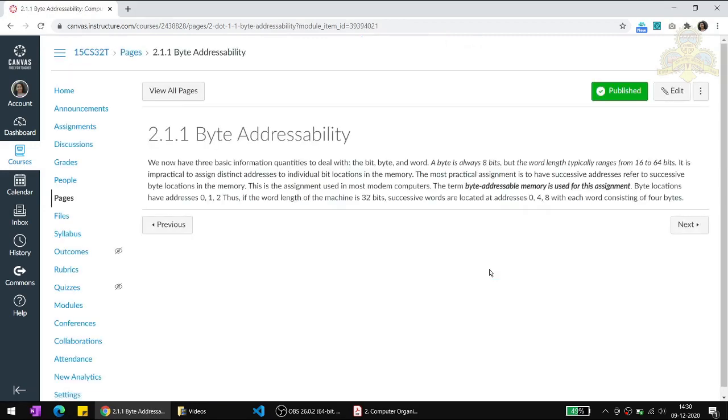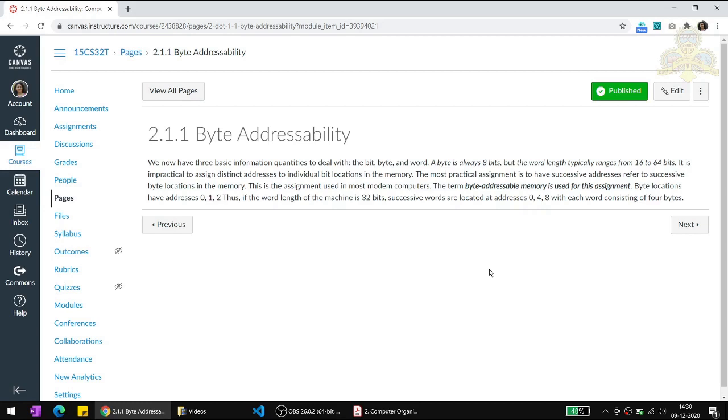We know that 1 byte is equal to 8 bits, and your word length would typically range from 16 to 64 bits. Now how do you assign addresses within the memory? A word would be there, and in that word we would have a number of bits. How do you address these?